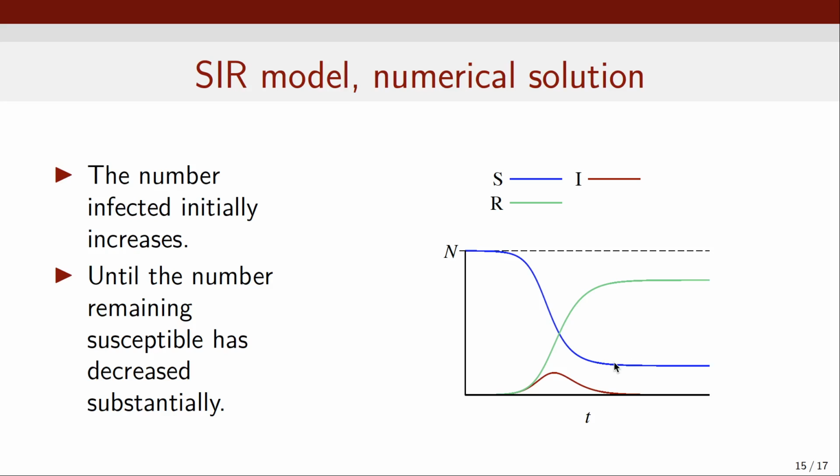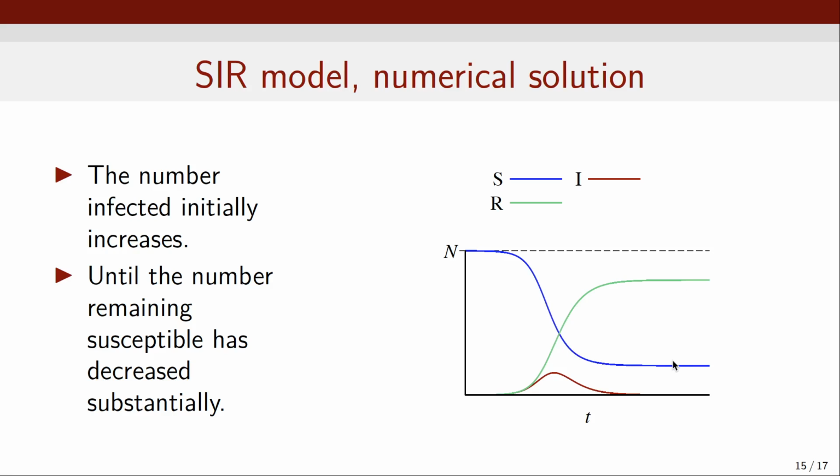And S and R approach some asymptotic constant value, so some people will become infected and recover. Some people, like the blue line, will be the people that will not get infected and will remain susceptible.